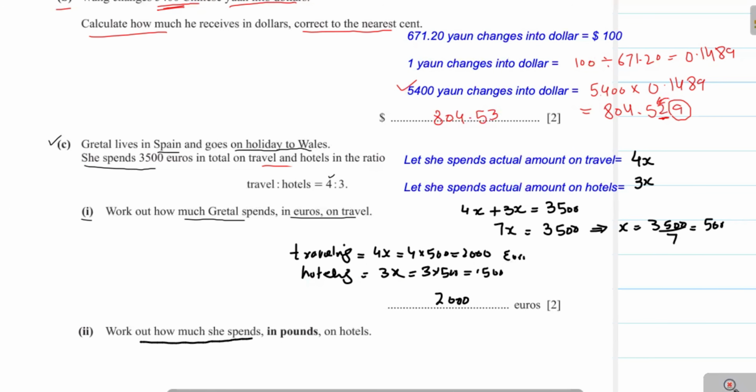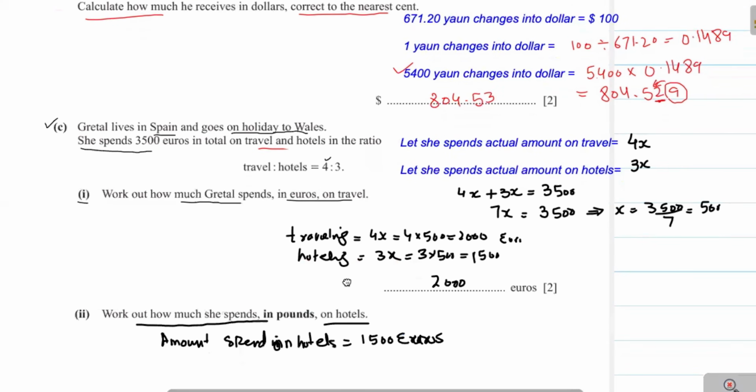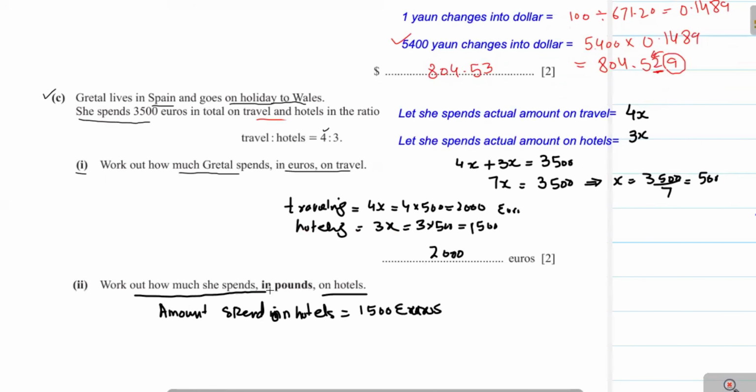Next, how much she spent in pounds on hotels. Now on hotels she spent 1500 euro. We write here the amount spent on hotels is equal to 1500 euro. And we have to find this amount in pounds.